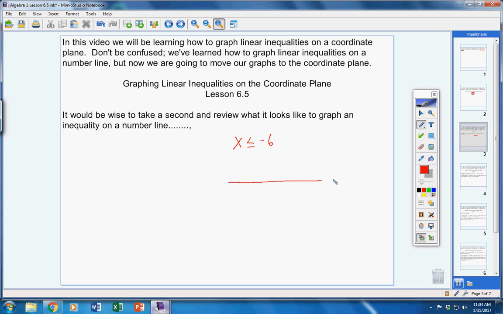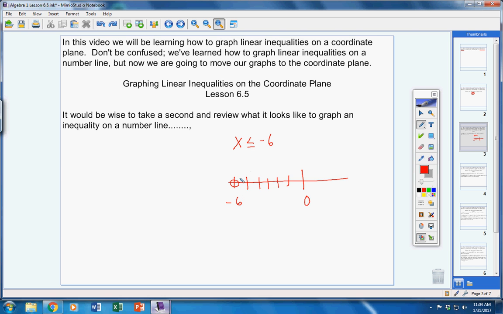Remember, we put our number line, 0, go over to -6. Put a point there. If there's an equal sign here, then we close the point, or we shade it in, however you want to say that. If there's not a line here, then we leave it open.